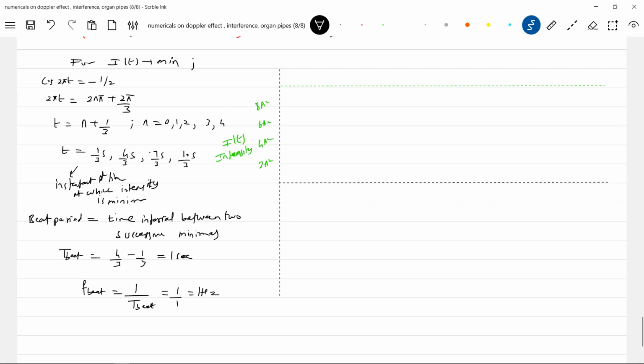Intervals of time we will take as 1 by 16, 1 by 8, 1 by 16, 2 by 16, 3 by 16 will come, no? This will be 3 by 16. 4 by 16 will be 1 by 4.